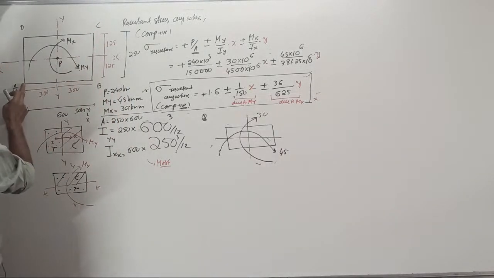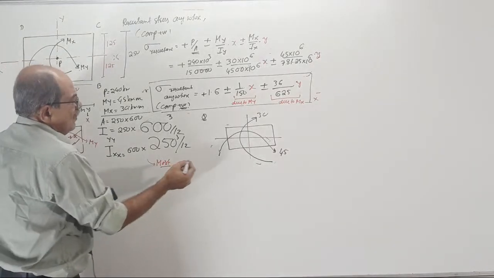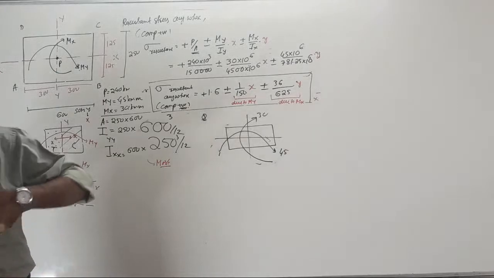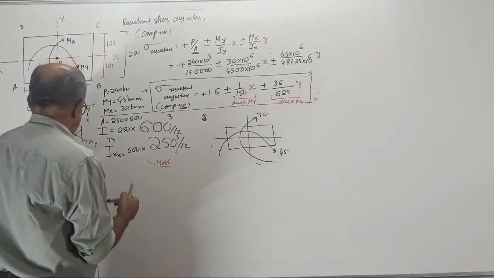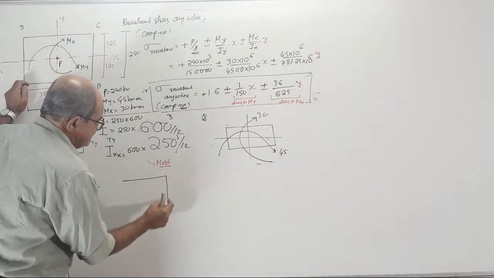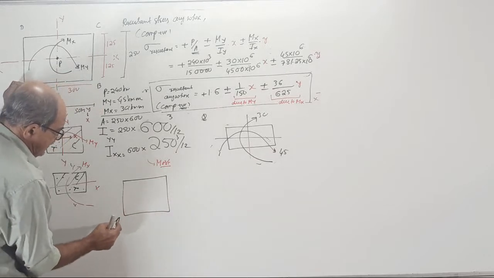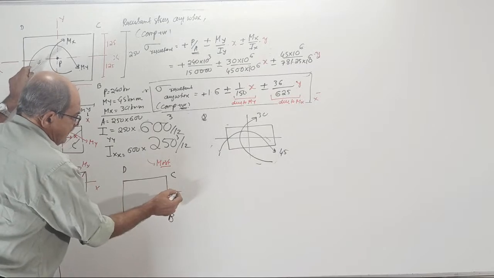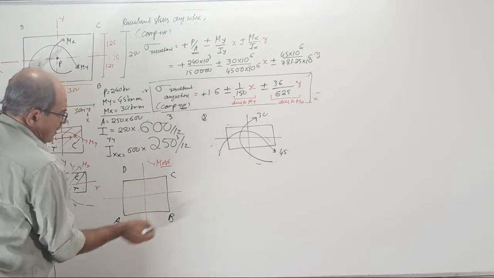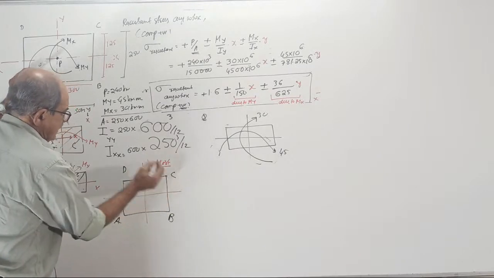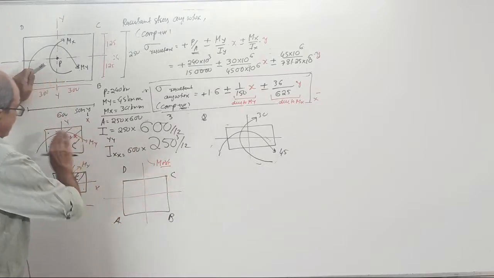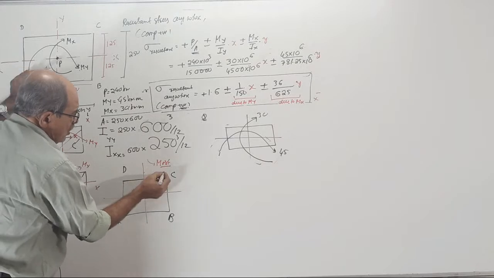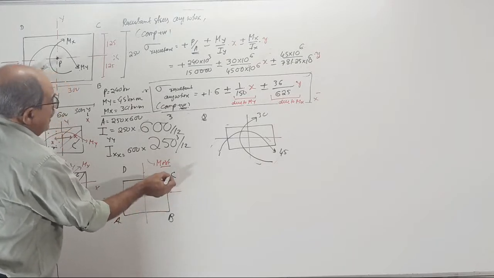See, this is A, B, C, D, extreme fibers. Now, this is the axis, this is the axis. For point C, x equal to 300, y equal to 125.